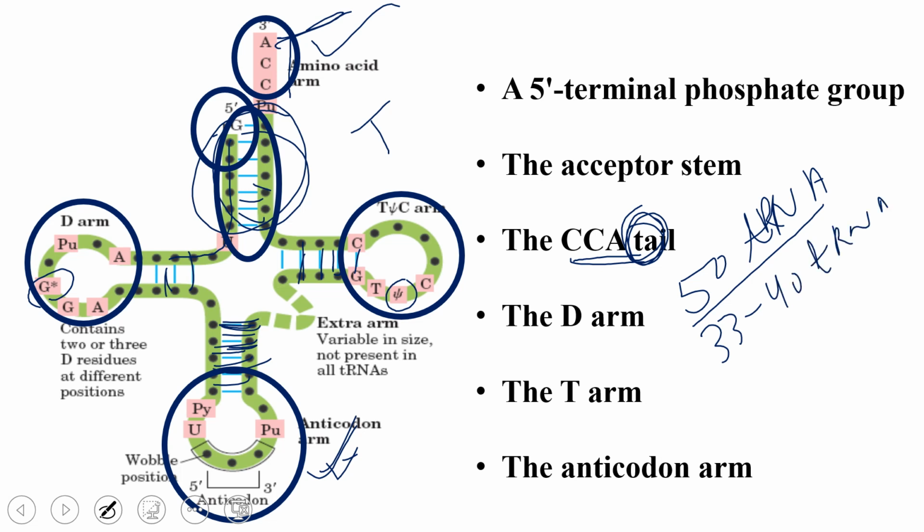If you have 50 tRNA, how many anticodon loops do I have? 50 only. But how many genetic codes do we have? 61. So we require a minimum of 60 tRNA. हमारे पास 60 तो है नहीं, तो इसी को compensate करने के लिए we have the wobble hypothesis or wobble pairing. Clear?